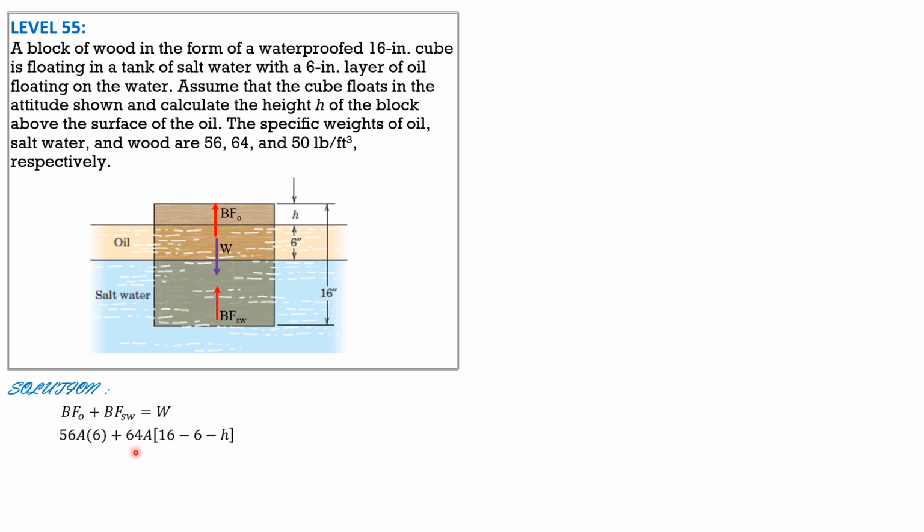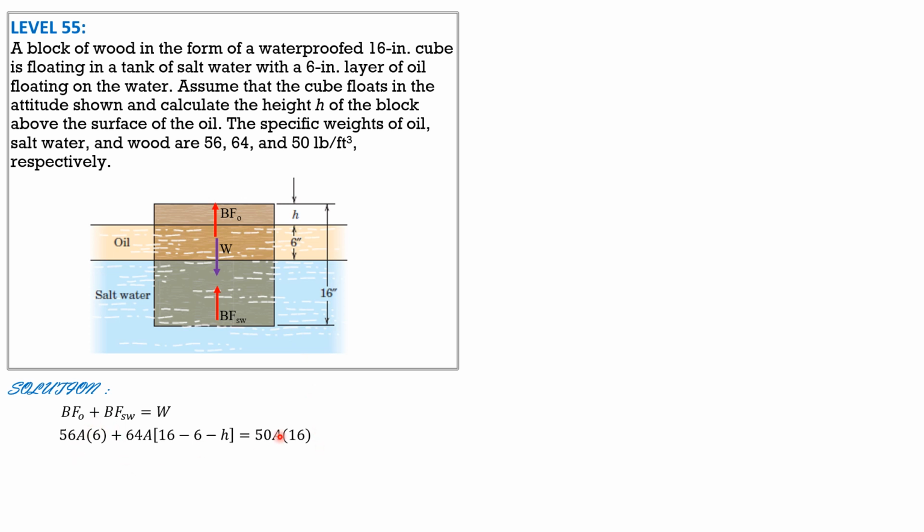For seawater, 64 pounds per cubic foot times area times the depth of submergence, which is the quantity 16 minus 6 minus h. Then for the weight, 50 times the area of the bottom, which is supposedly 16 squared, but I just called it area because we can cancel the area common to all terms, times the depth of wood, which is 16.